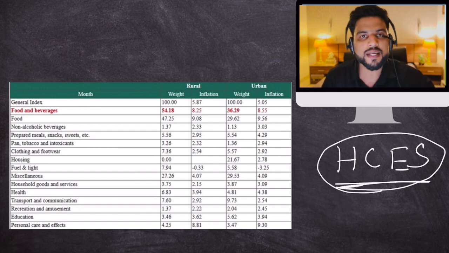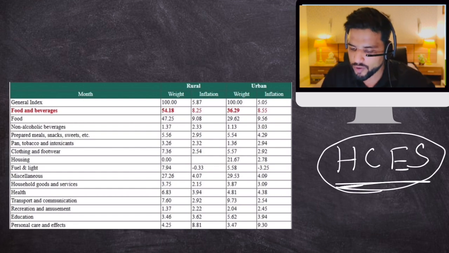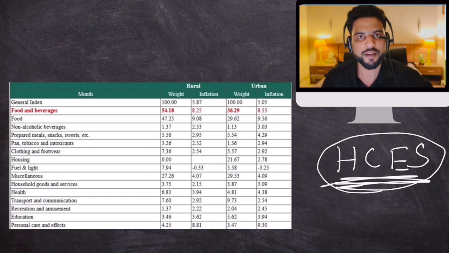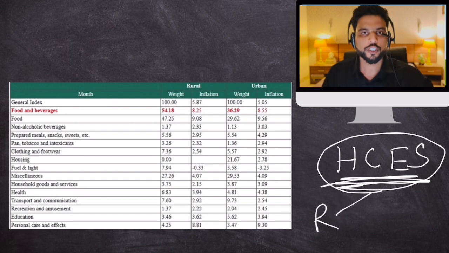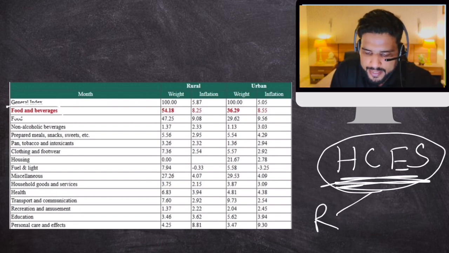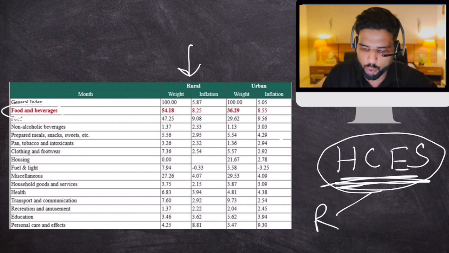And this household consumption expenditure survey is important because it gives the data for the consumption pattern of different households. Now, based on the data of the survey, we have found out that within the monthly expenditure budget of rural households, the share of the food category is higher. You can see this is the monthly expenditure of rural households.